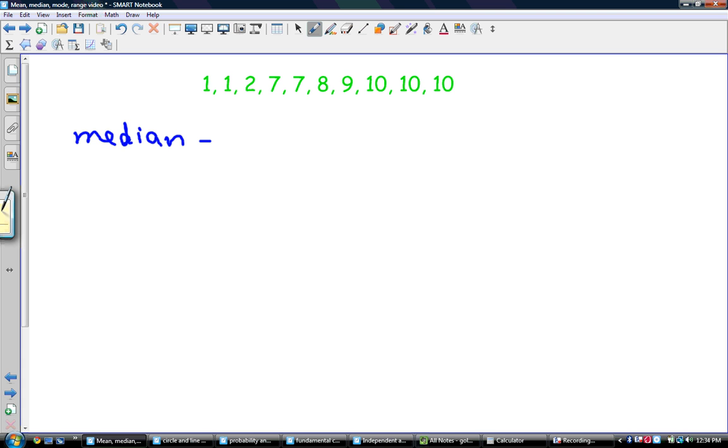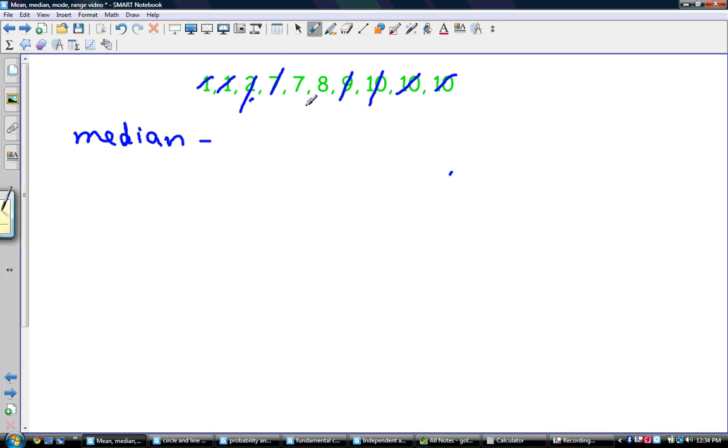So this data set, the numbers are already in order. There are 10 numbers up here. So if I start crossing out from the ends, working my way in, then I can see that I'm going to end up with 2 in the middle because I had an even number of numbers in my set.